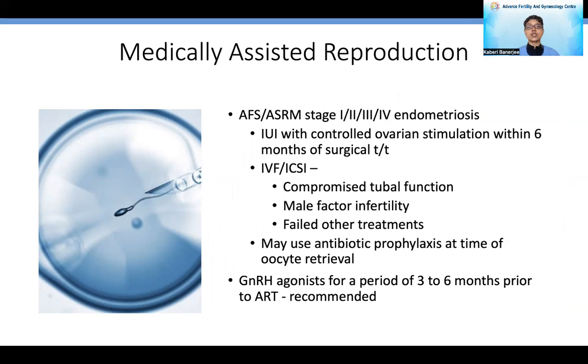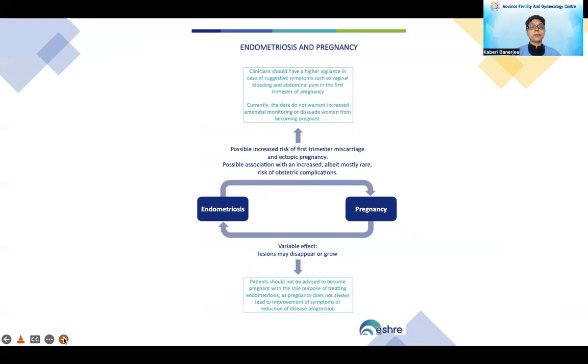Antibiotic prophylaxis should be used at the time of oocyte retrieval, especially when there are large cysts, and betadine cleaning of the vagina can be done, followed by a thorough washing with normal saline prior to ovum retrieval. GnRH suppression prior to IVF is recommended for better results.